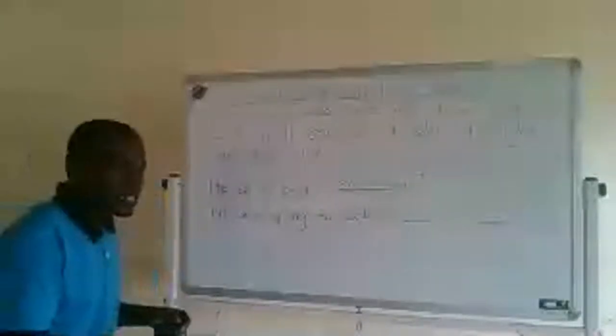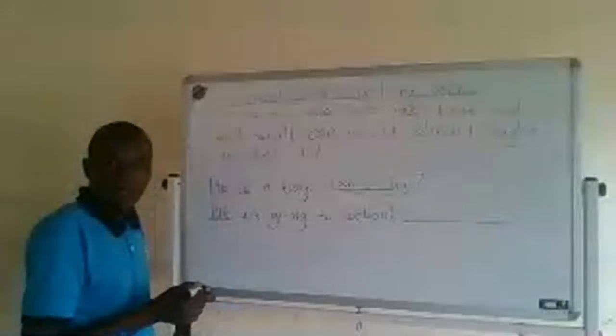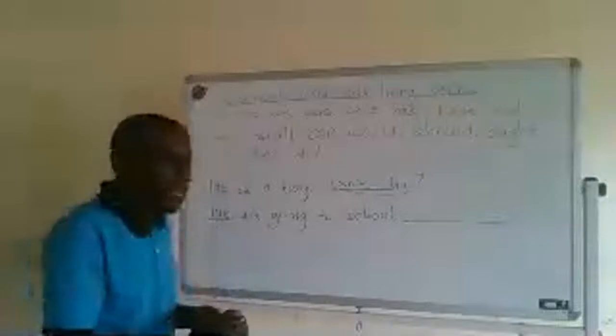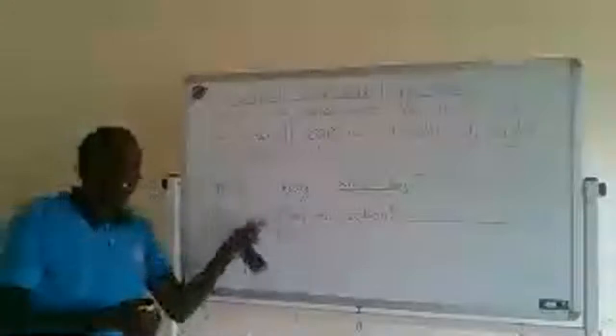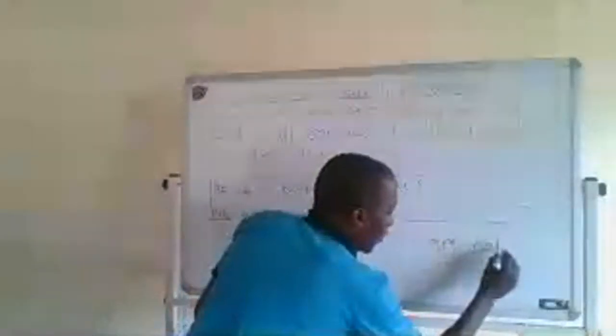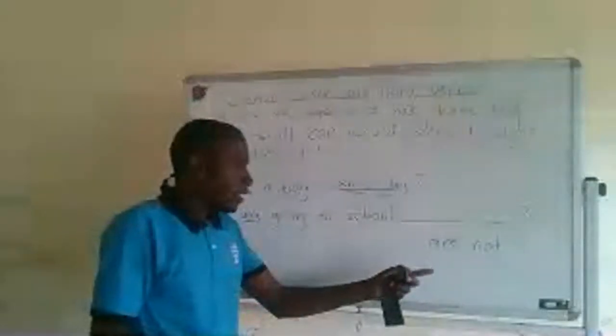Let us try to analyze. The subject pronoun which has been used is "we," and the helping verb or auxiliary verb that has been used is "are." Making it into a negative, it is going to become "are not."